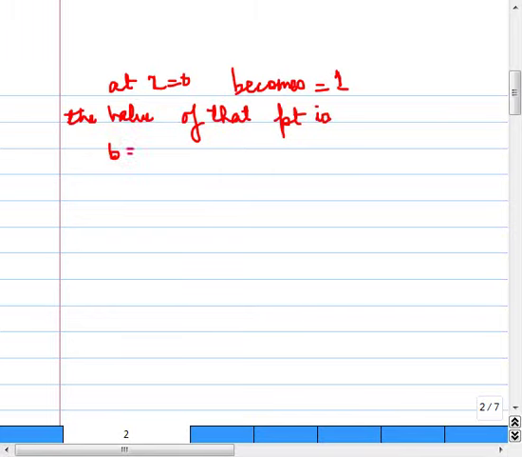2.71 something, and it is normally denoted by the letter e, natural base e.